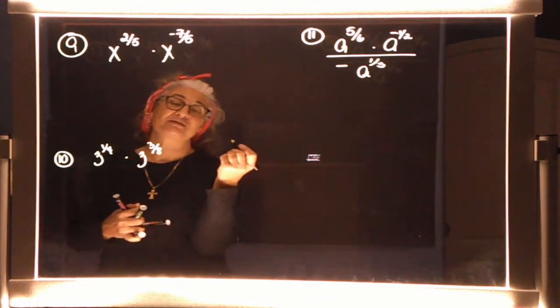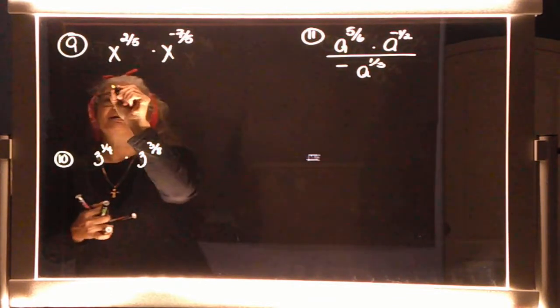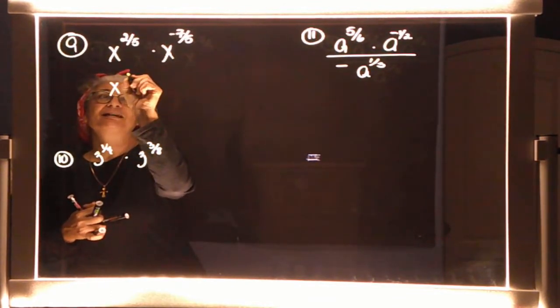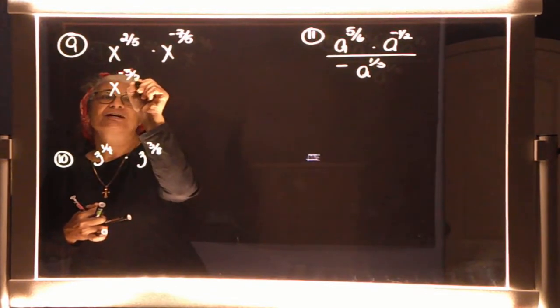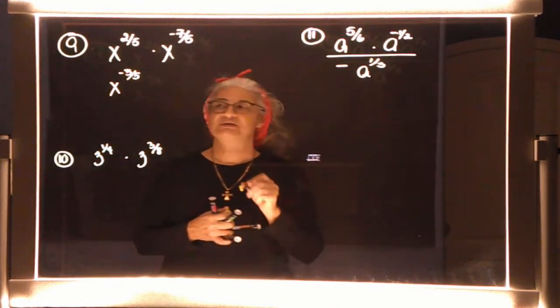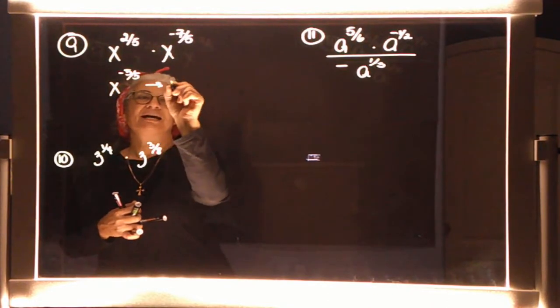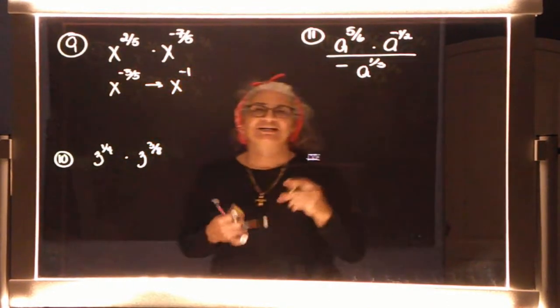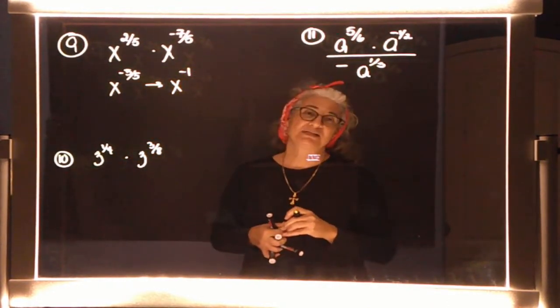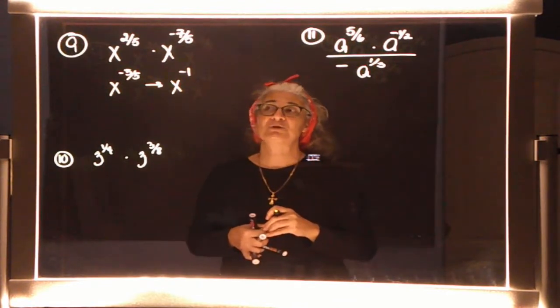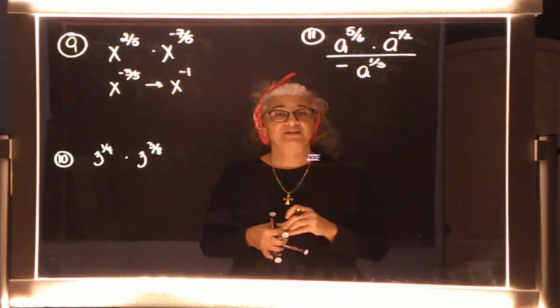So 2/5 minus 7/5, what do we get? Yeah, x to the negative 5 over 5. Oh, well, that reduces. What does it reduce to? X to the negative first power. Excellent. Now I'm going to tell you right now, they're not going to want you to leave an answer with a negative exponent.